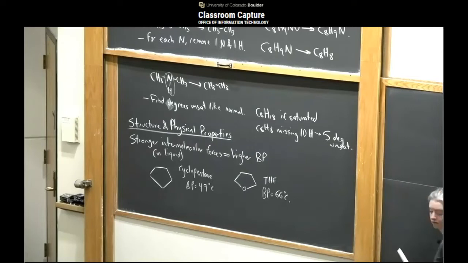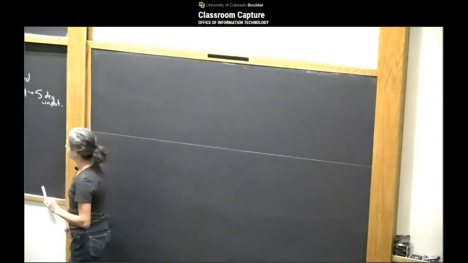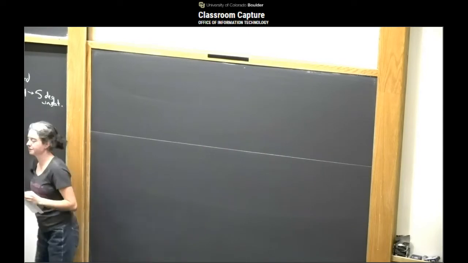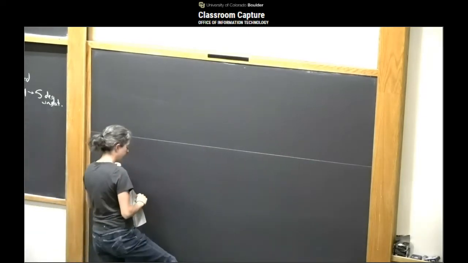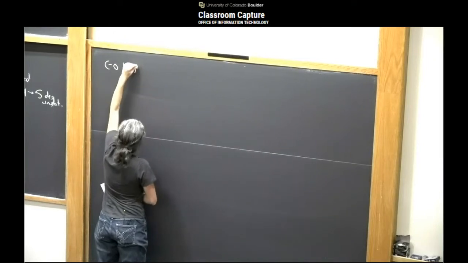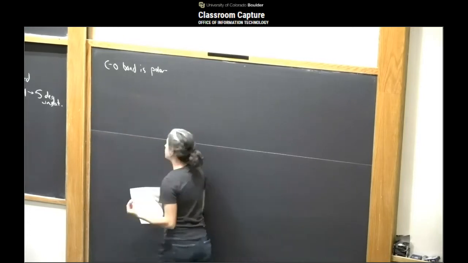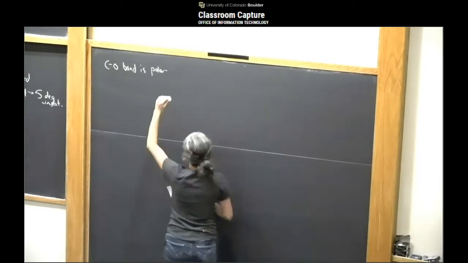Turns out that we know these bonds have a dipole where the carbon-oxygen bond is polarized towards oxygen. So the CO bond is polar, and that's giving us an overall dipole in the molecule.